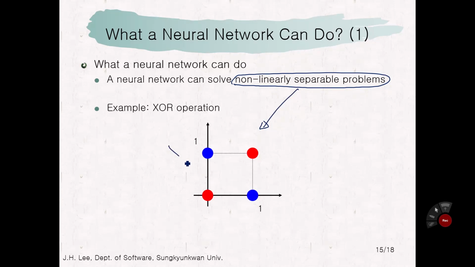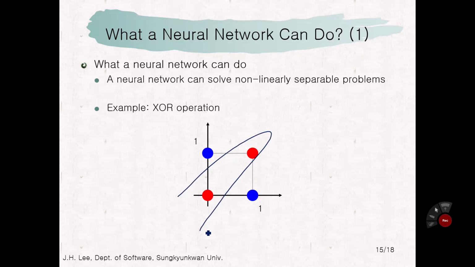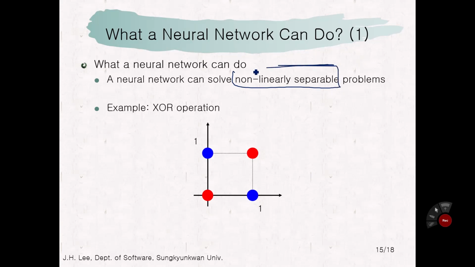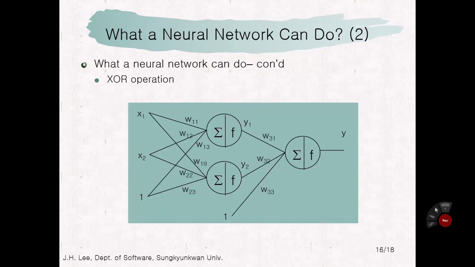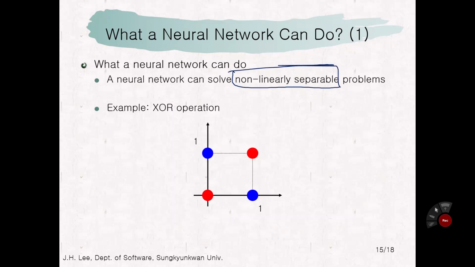For example, if you have something like this curve, then you can separate the red and blue, right? Or this one, no problem. Anyway, what is important is that this is a non-linearly separable problem. Then, if you have a non-linearly separable problem, what will you do? At that time, if you use a neural network like this, it can solve non-linearly separable problems. Why do we use a neural network? For this.